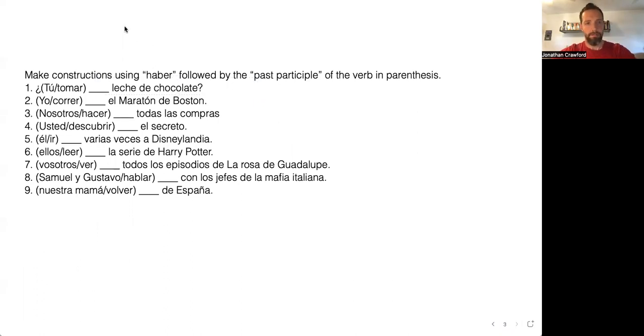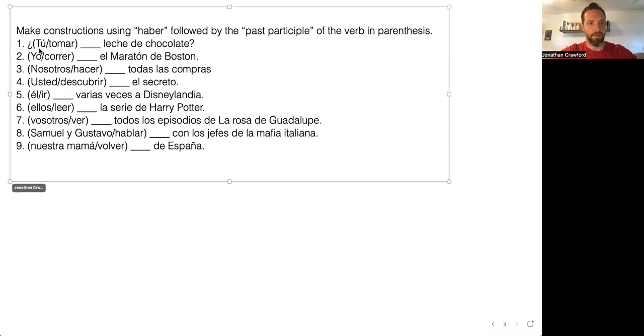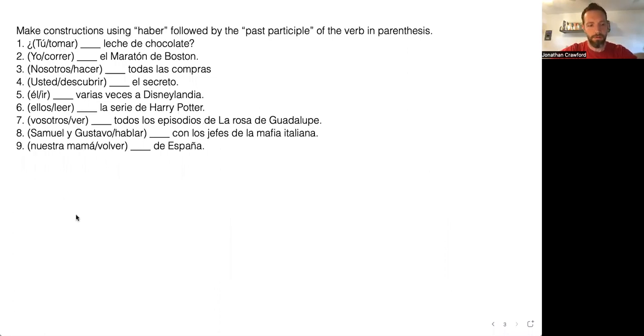For number one, it's tú has tomado leche de chocolate? Have you, and then to drink, what's the past participle for to drink in English? Anybody know? You have to think in English. It's drunk, believe it or not.